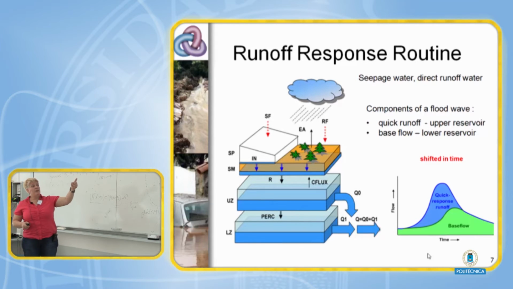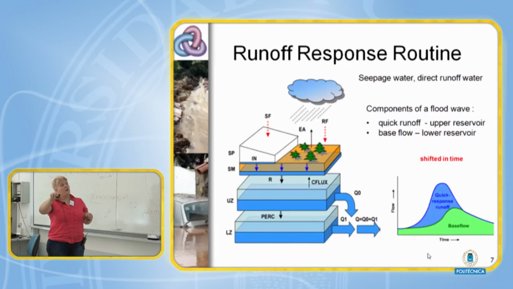In HBV, this was solved with two linear reservoirs. The upper one generates the quick runoff, and the second one generates the base flow. Those two reservoirs are connected with the process of percolation, and the upper reservoir and soil are connected with the process of capillary flow.